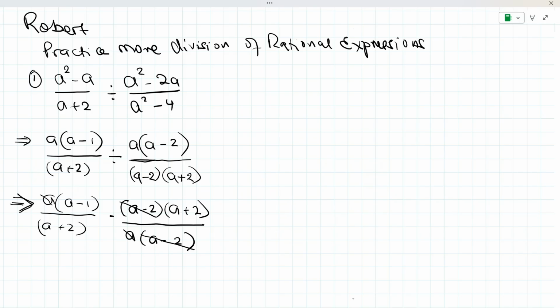And when we move ahead to a plus 2 at the top here, it can cancel with this a plus 2. So finally, our expression remains with a minus 1. This bit up here becomes really our final answer.